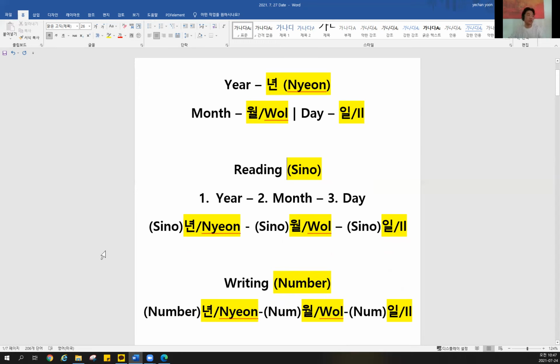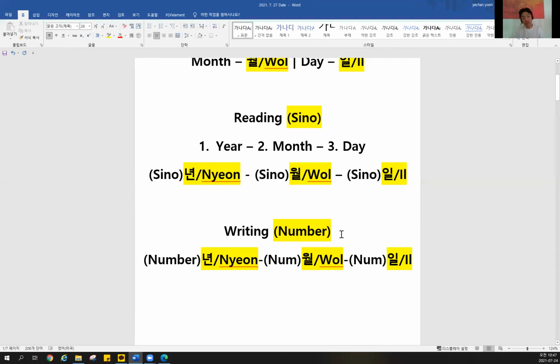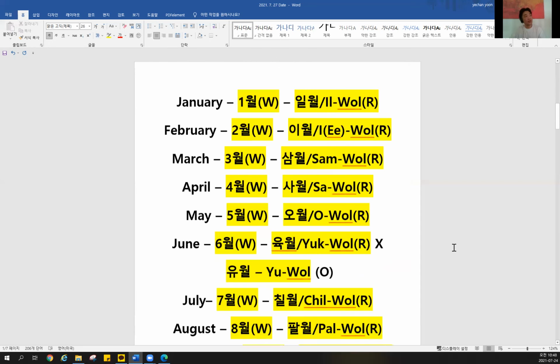So Sino plus 년, Sino plus 월, Sino plus 일. But for writing, you can just use the number: number plus 년, number plus 월, number plus 일. Okay, let's go to the next one.